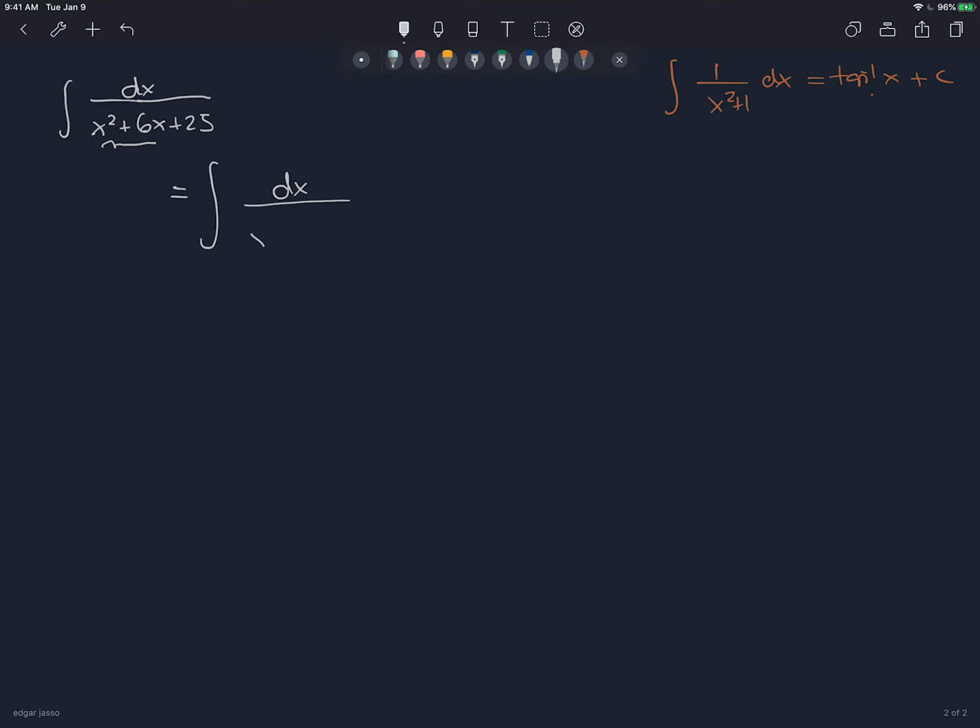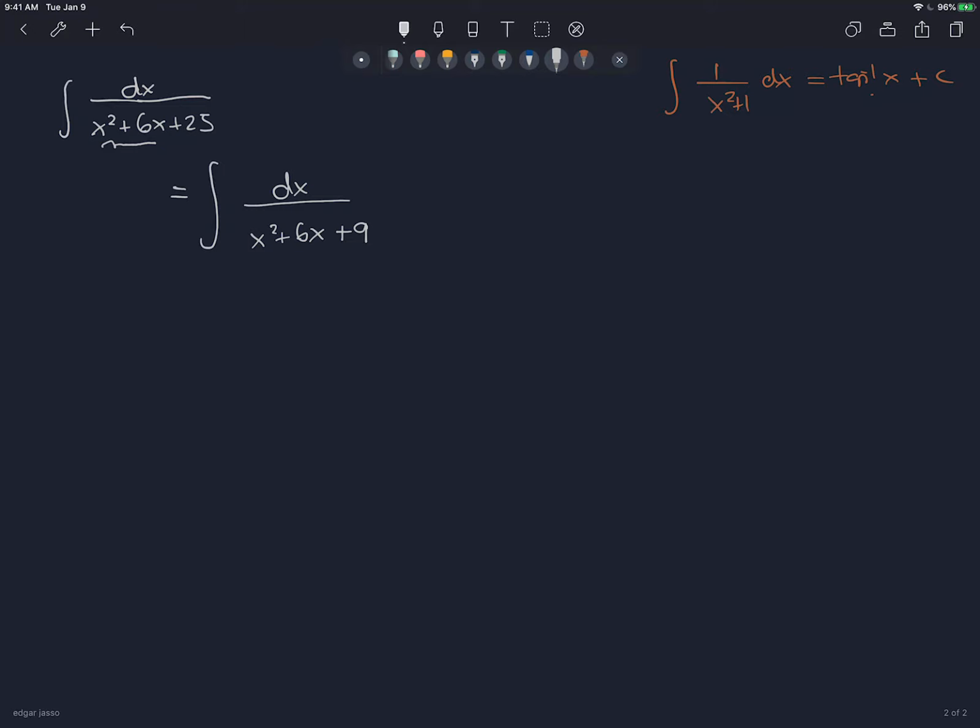I can always do that, right? In particular here, I have x squared plus 6x. If I want to have a binomial squared, I need to have a 9, right? So these three terms together become (x plus 3) squared, correct?